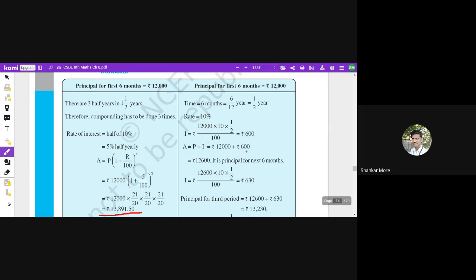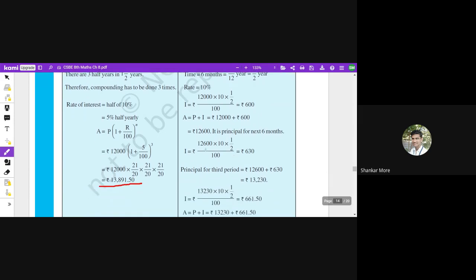So that is SI, simple interest, right? But the principal for next 6 months is going to be 12,600. मतलब ये 12,000 प्लस ये 600 का जो SI था वो हमने ऐड कर दिया. So this is going to be the principal for next 6 months. अभी इस पे अगर हम सिमिलर रेट से 6 मंथ्स के लिए सिंपल इंटरेस्ट कैलकुलेट करते हैं, so it is again going to be 630.